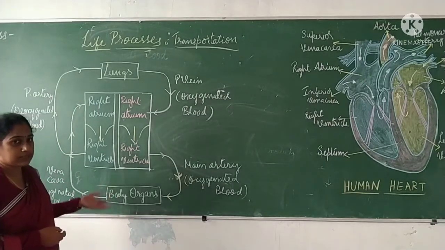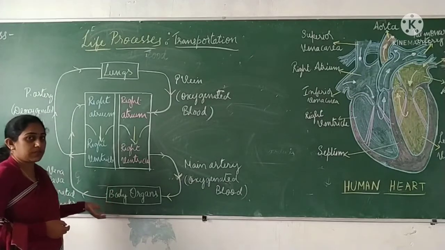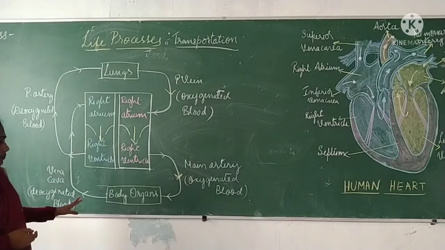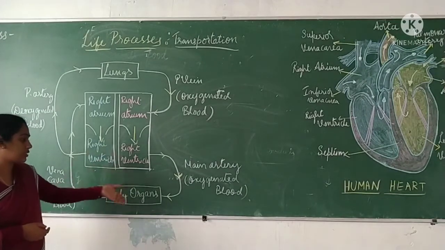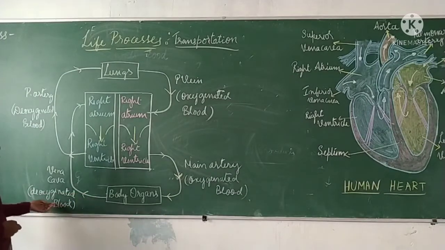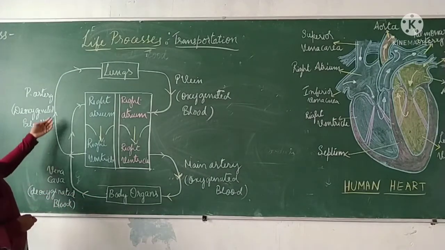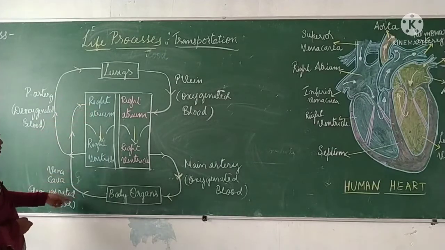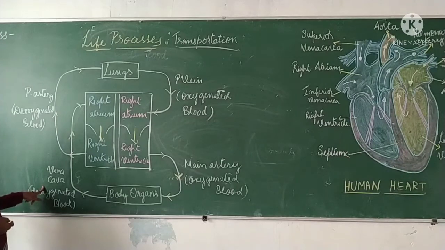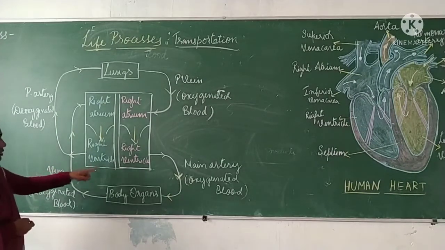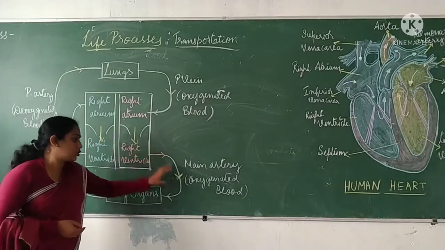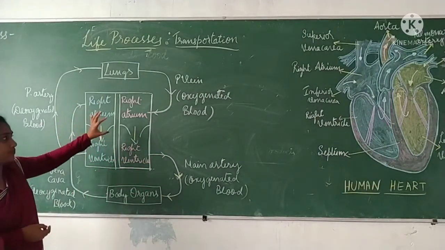After use in the respiration process, carbon dioxide is given out and oxygen is removed from the blood and given to the cells, so it becomes deoxygenated blood. The deoxygenated blood goes back to the heart for purification, entering the right atrium through the right superior and inferior vena cavas. So this is the systemic circulation, wherein blood reaches from heart to body parts and back to the heart.